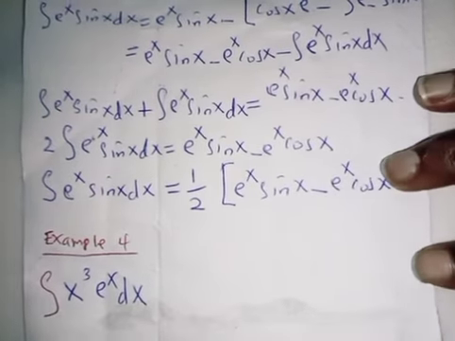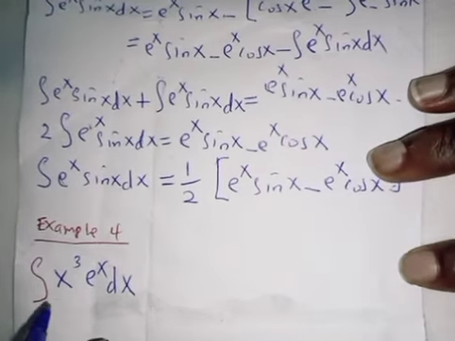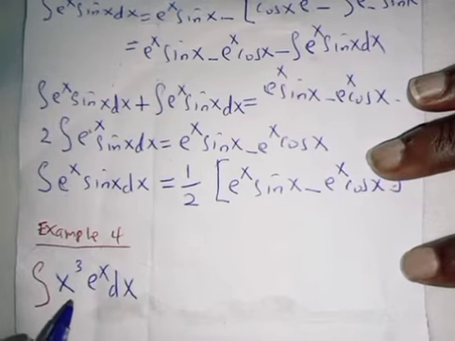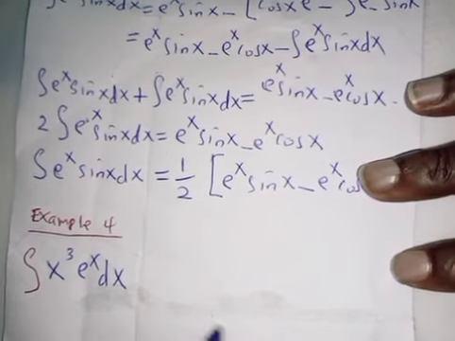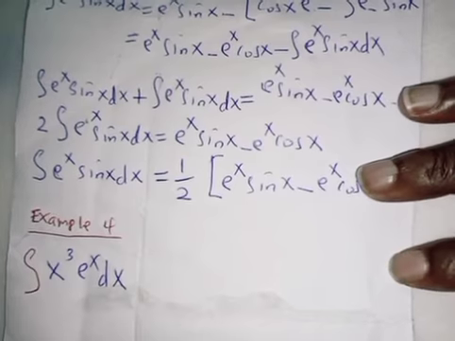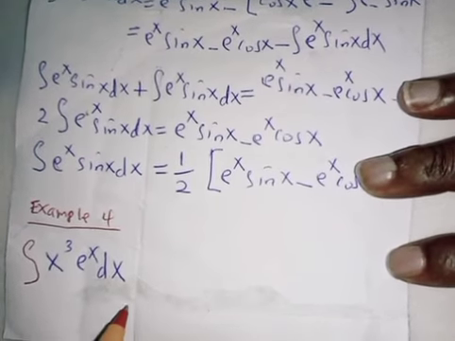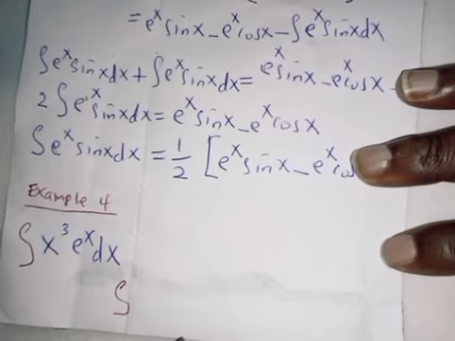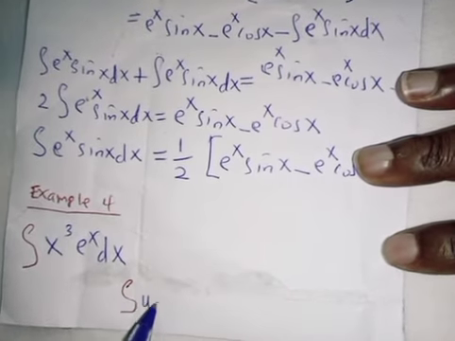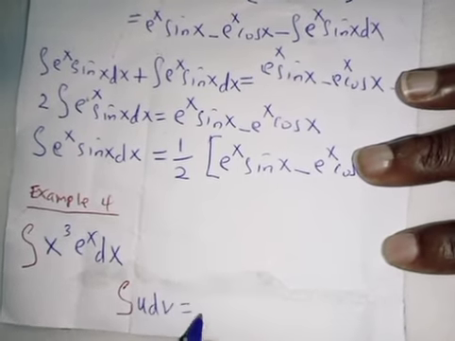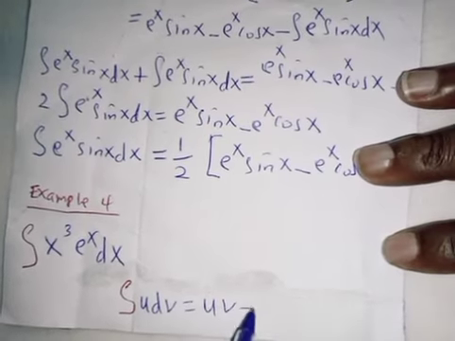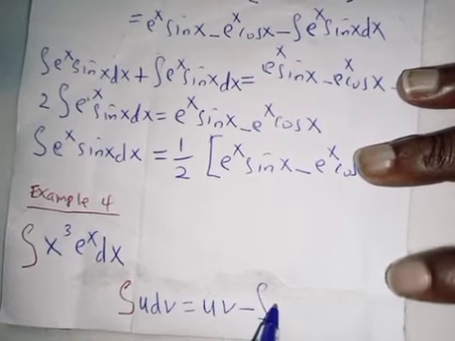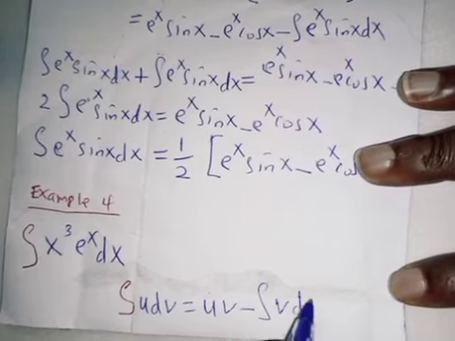Example 4. When you have an example like this now, of course we see this is integration by parts. The formula, remember the formula, this is the formula. The formula is integral of u dv is equal to uv minus integral of v du.